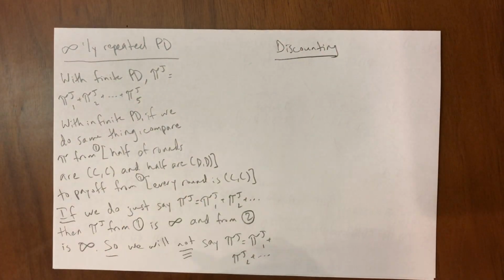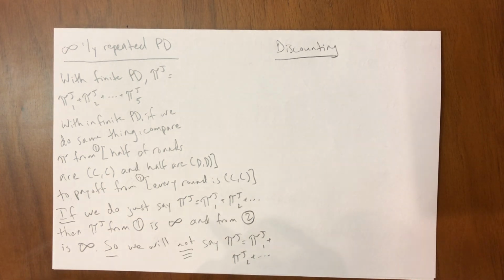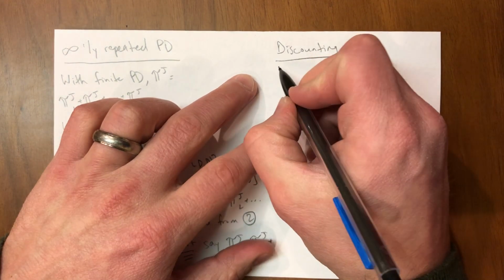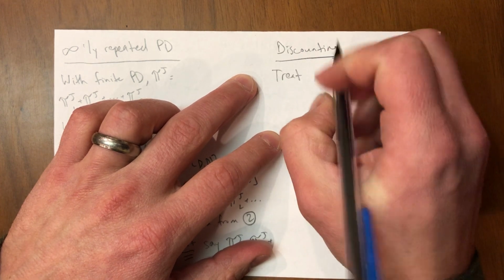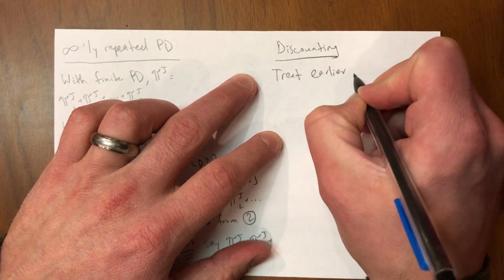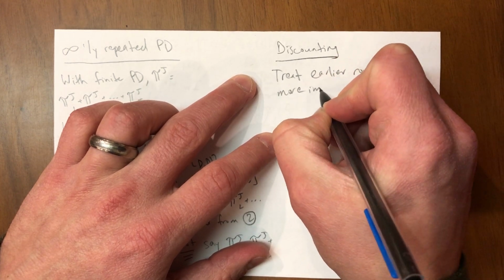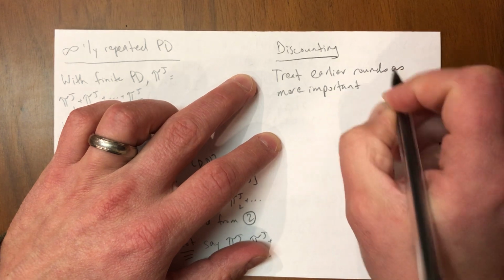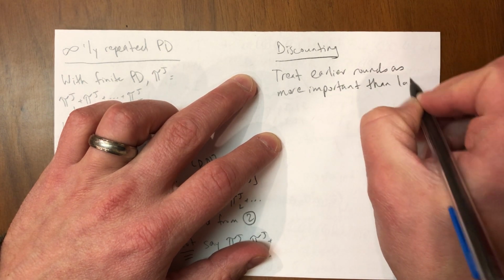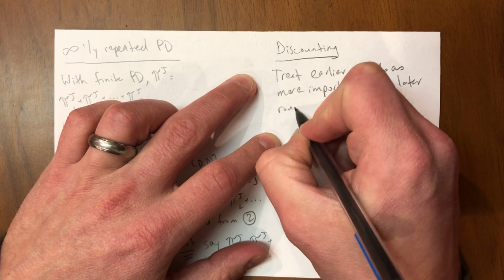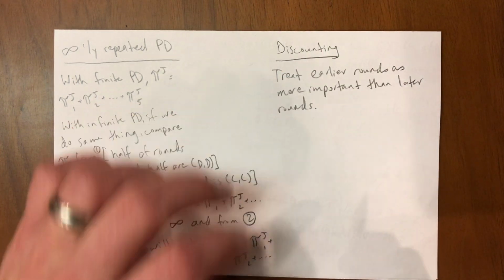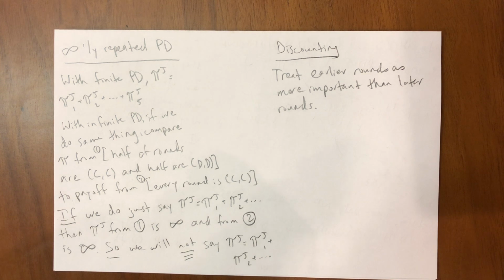Broadly speaking, what discounting means is that we treat earlier rounds as more important than later rounds. The idea is that what happens early on is just more important than what happens later on.